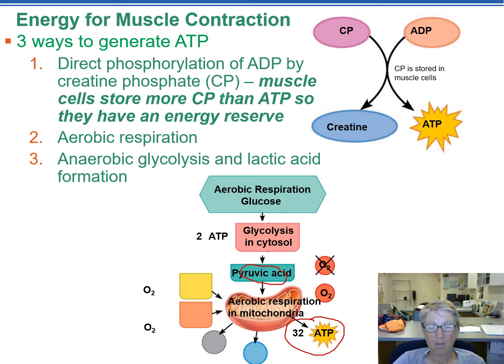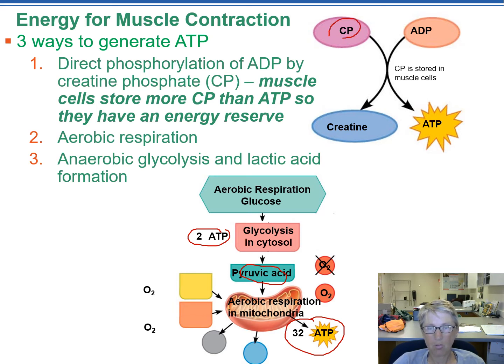In glycolysis, you can make ATP by this process called direct phosphorylation of ADP. So you can phosphorylate ADP in glycolysis to make ATP. If you run out of ATP, you can use this molecule called creatine phosphate.